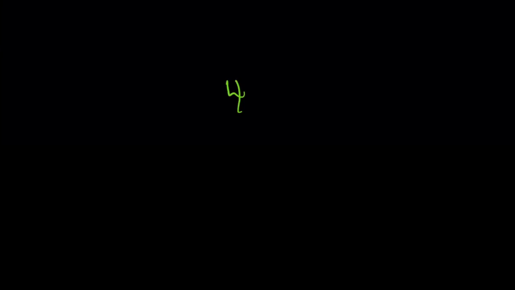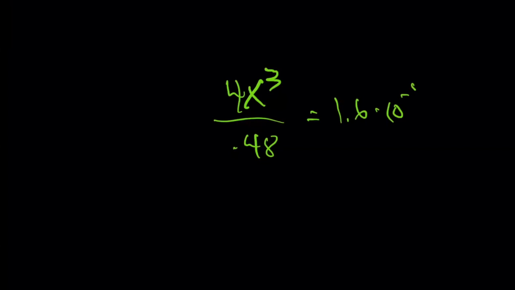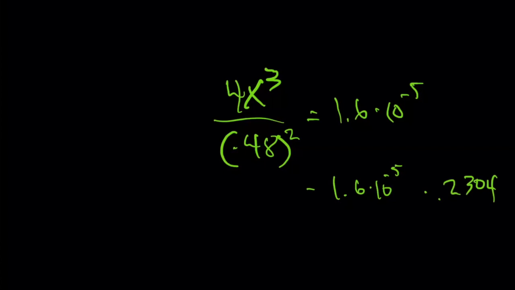4x cubed over 0.48 equals 1.6 times 10 to the minus 5. Again, you would need to solve this problem. 0.48 squared, don't forget that, times 10 to the minus 5. 0.48 squared is, let me put this in my calculator, 0.2304, and that's over 4, and that's x cubed.